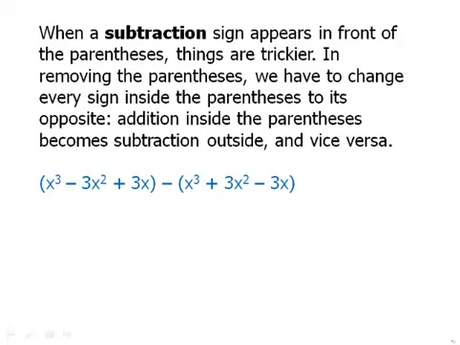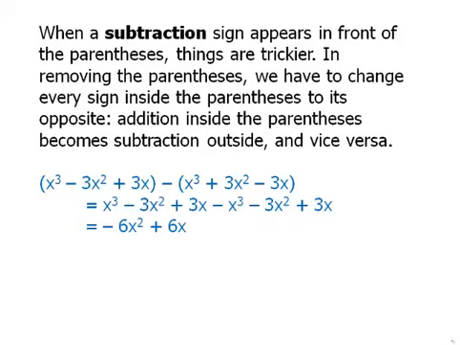The first parentheses we can just remove without any problem. But the second parentheses, when we remove those, the addition of 3x squared inside the parentheses becomes subtraction outside. And the subtraction of 3x becomes addition outside. Those two change to their opposite. And once we have that, then we can simplify, and it simplifies to this.